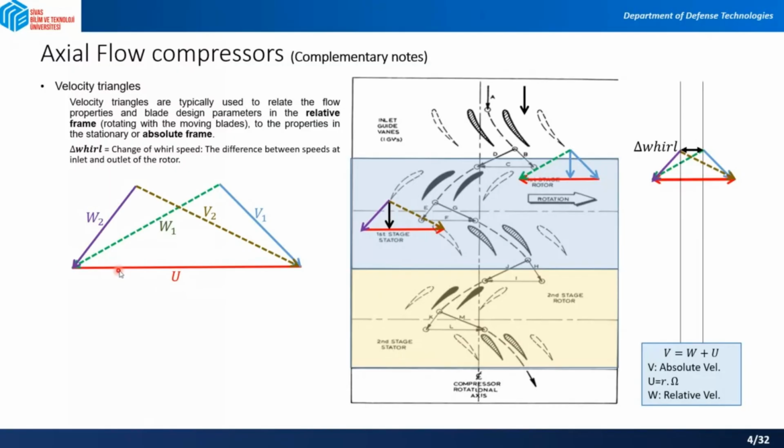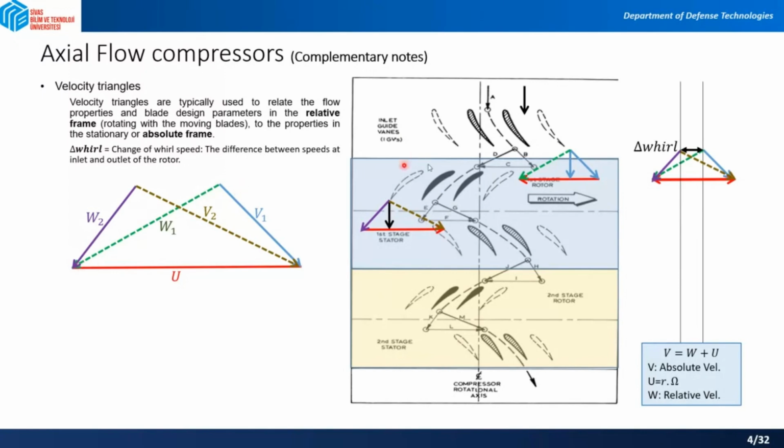So we said that this red one is our peripheral velocity u, and then we have the entrance of the rotor as this V1, and we said that this V1 is actually the outlet of the guide vane and entrance of the rotor row. And then it makes this W1, the green W1, as your relative velocity.